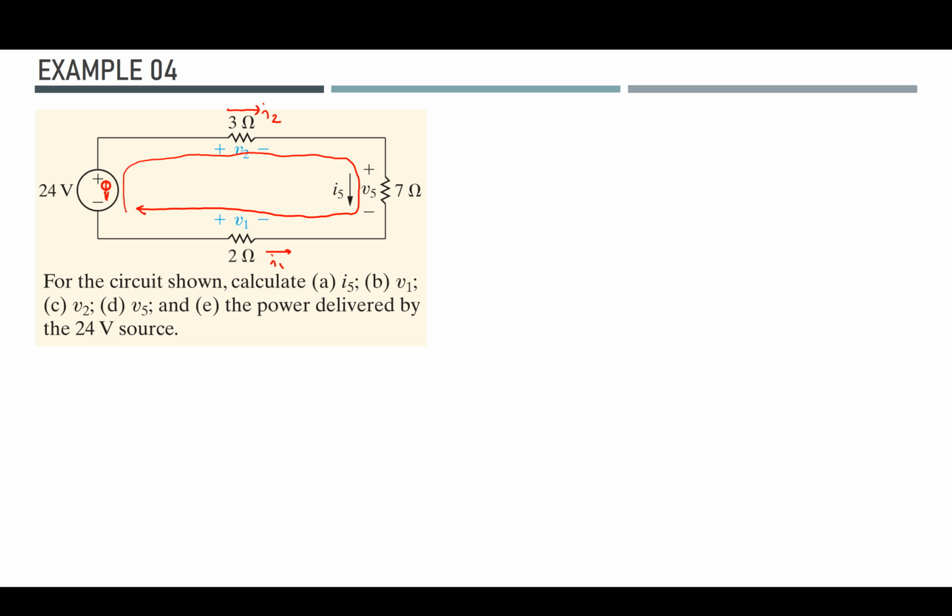In this case, I'm going to get a negative value for the voltage source current, which means that it's flowing in the opposite direction to the one I have chosen. So, if we simply write down a KVL equation clockwise, I can write a KVL.